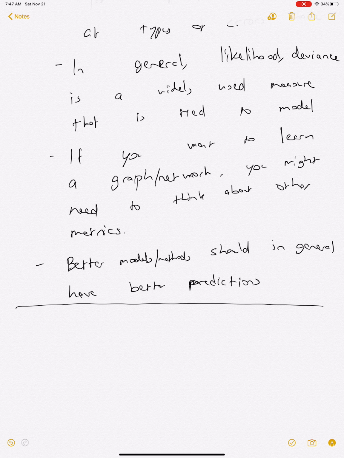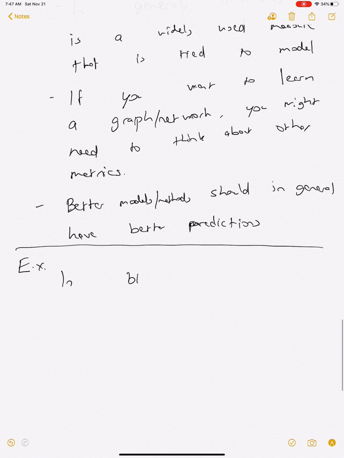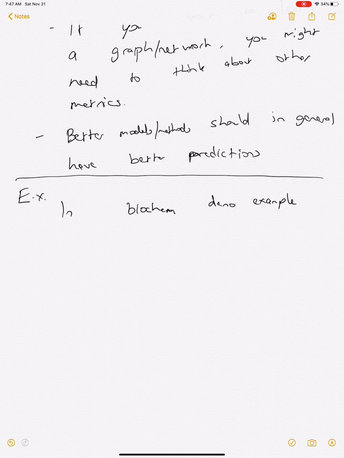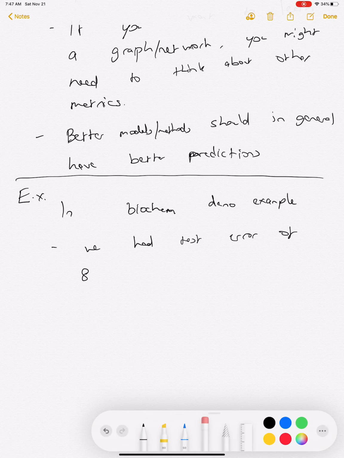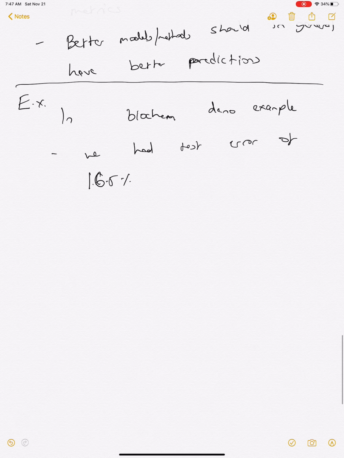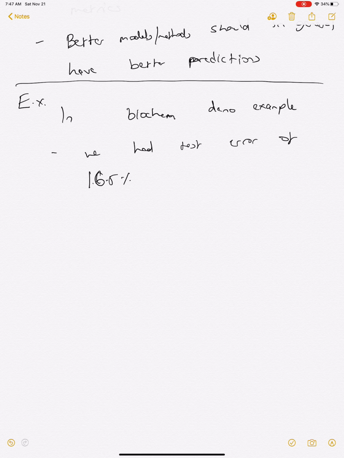Just to say, for example, in the Biochem demo example, we had a test error of about 16.5% roughly, which is pretty good. That's a lot better than random guessing.